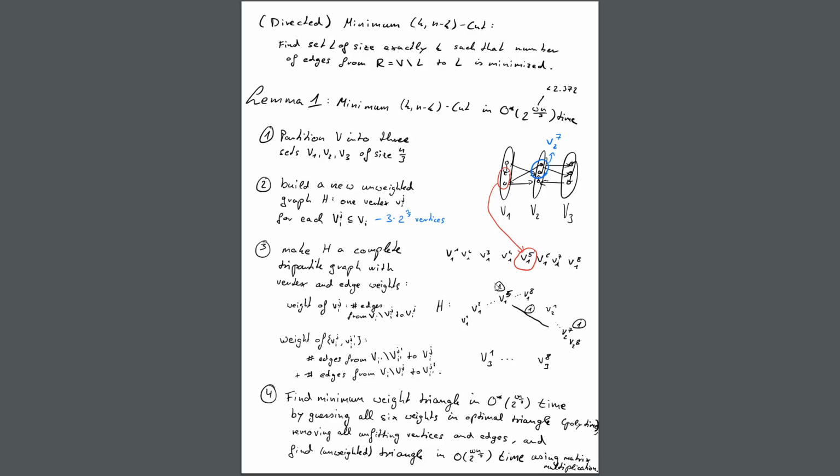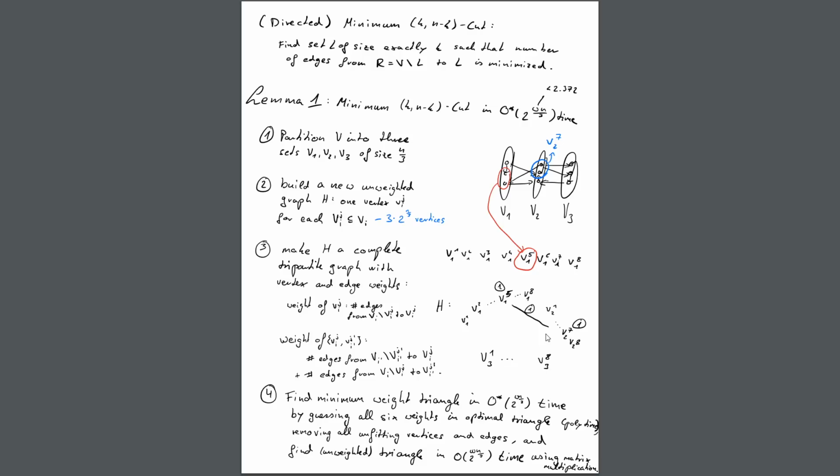So what we do is we guess all 6 weights, 3 vertex weights and 3 edge weights, and just say, okay, let's assume our solution has exactly these weights. Then we filter H: we remove all vertices from the first part that don't have the guessed weight, or the edges between the first and the second part that don't have the guessed weight, and so on.